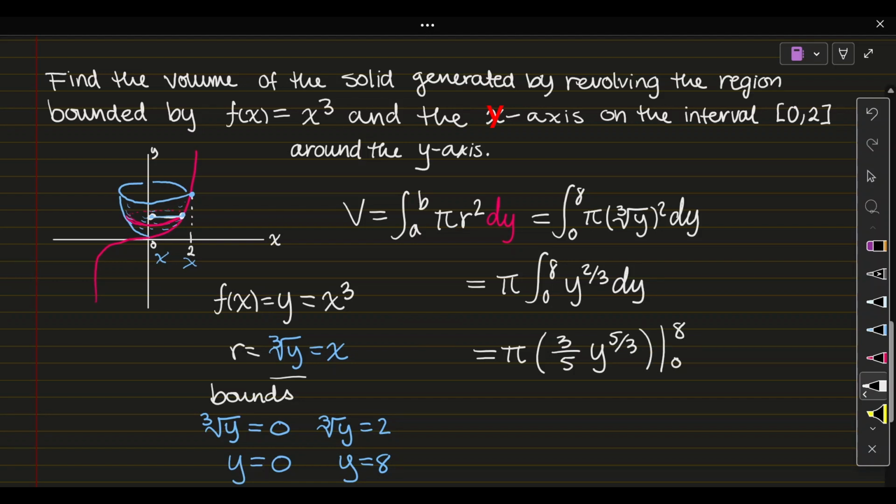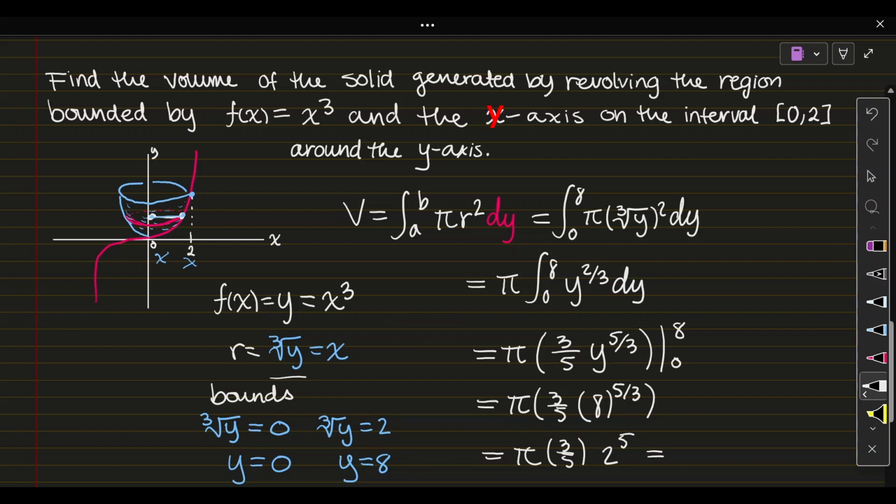If I evaluate this at 0, then it's going to be 0, so I only have to worry about 8. So this is going to be pi times 3/5 times 8 to the 5/3, and that's going to be pi times 3/5 times 2, because the cube root of 8 is 2, to the 5th.